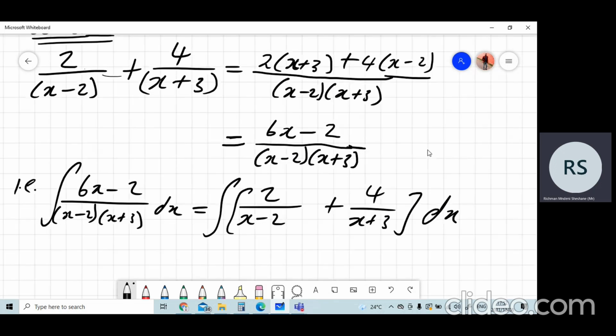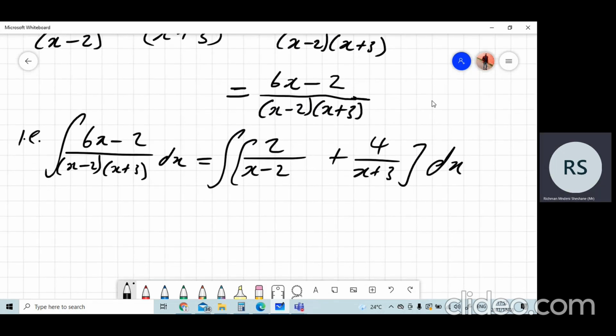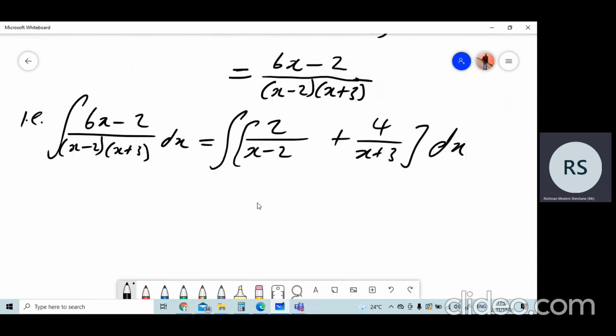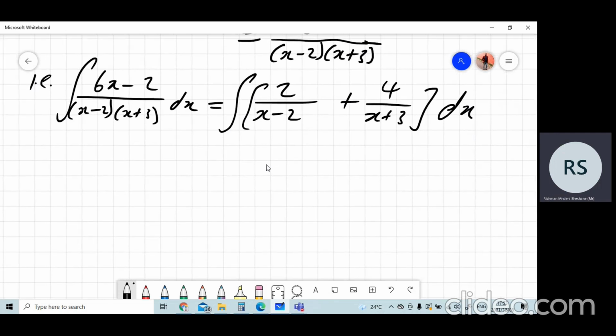Before I go into detail with integration by partial fractions, let's learn how to take expressions into partial fractions.